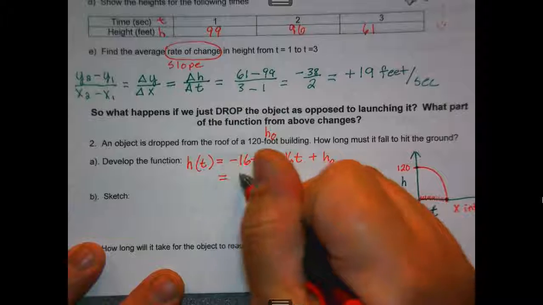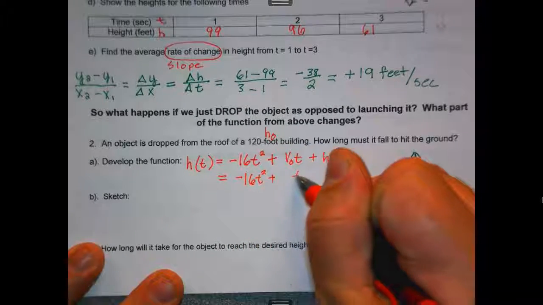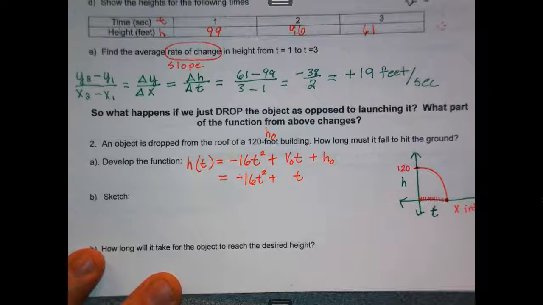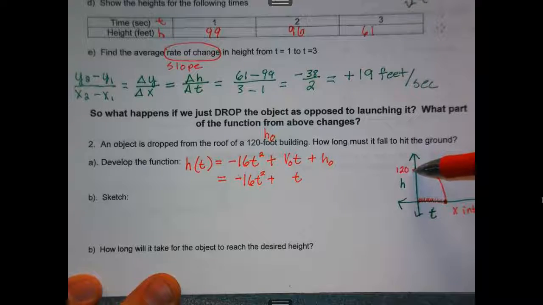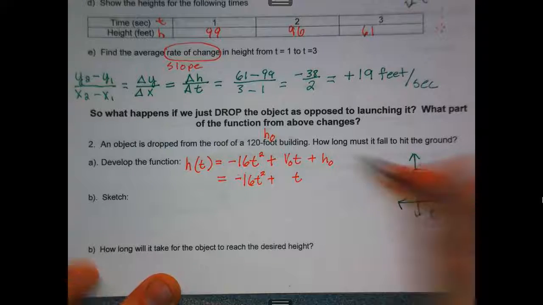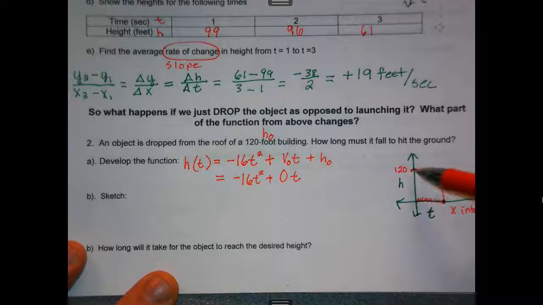There's nothing we can do about the negative 16 t squared. Nothing we can do about the time. We're trying to figure that out. But what is my initial velocity at 120 feet? How fast is this dropping at 120 feet? It's not. Okay? It's 0. That's my starting velocity, 0.